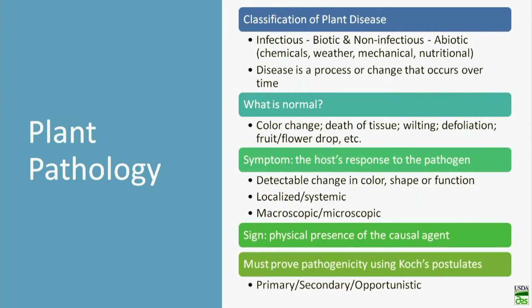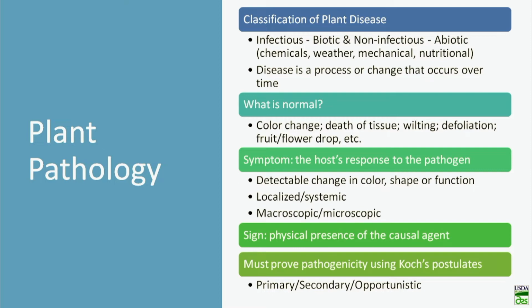So to begin, plant disease can actually be caused by infectious or biotic or microbial agents, and it can also be caused by abiotic or non-infectious agents like chemicals, the weather, mechanical damage, even nutritional deficiencies. Disease is actually a process or a change that occurs over time.